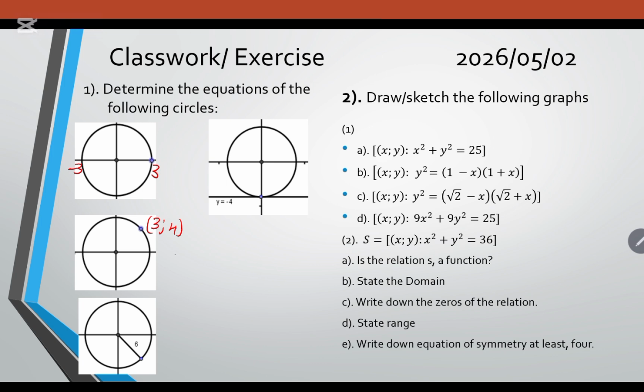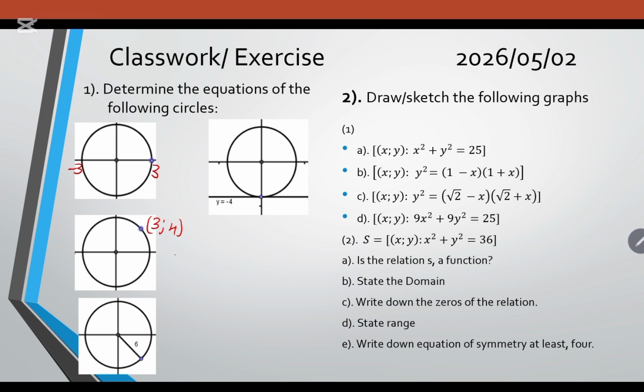Now, once this basic introduction is complete, learners need to do some exercises in order to show their understanding. They will find the equations of the circles that are placed here, and they also have to draw the circles. Now, I'm just going to draw one circle. I'll take question 2b and use it to answer all those questions that follow.